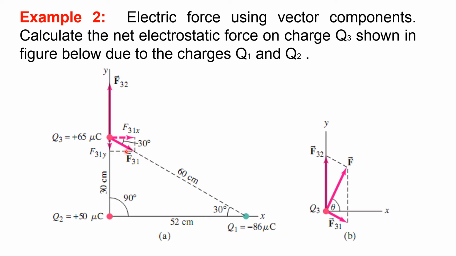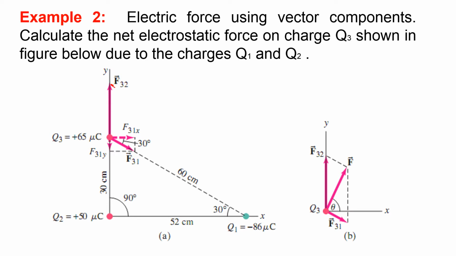Then it is given that the direction of the force on charge 3 due to charge 1 is 30 degrees. This angle will be used to determine the x component of this force and its y component. Then this is the summary of these forces on charge 3. These forces are added in vector form by using the parallelogram method.